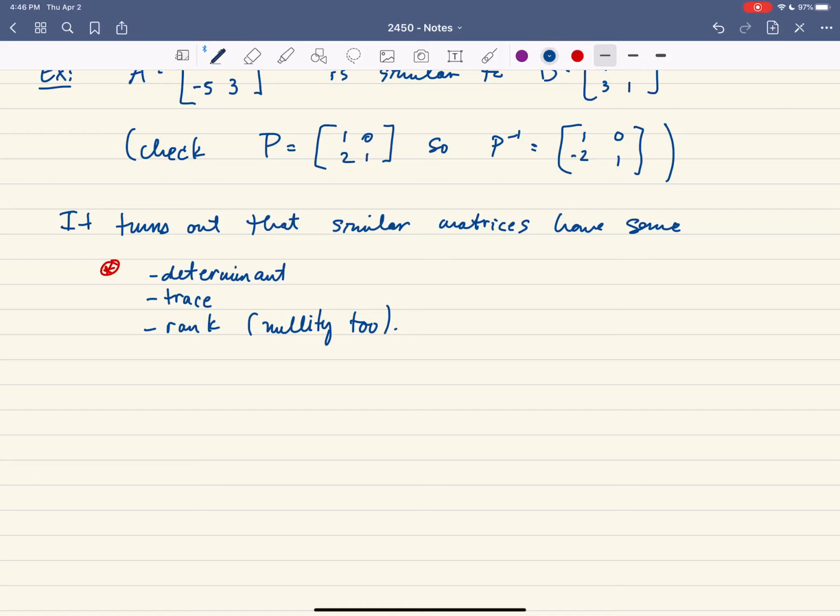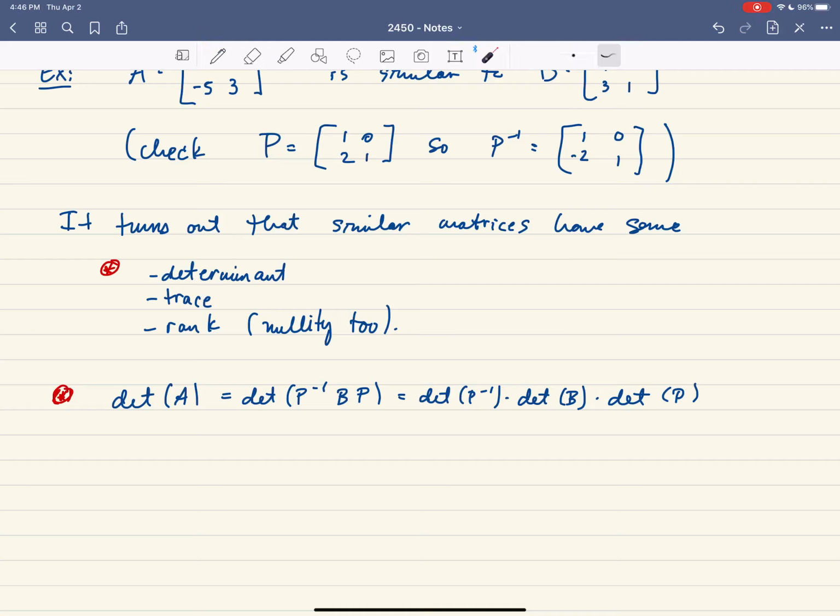This really just goes back to something that we know already about the determinant, and that's that the determinant of a product is the product of the determinants. So the determinant of A is the determinant of P inverse BP, and we know that that's the determinant of P inverse times the determinant of B times the determinant of P. That's a property that we've talked about before.